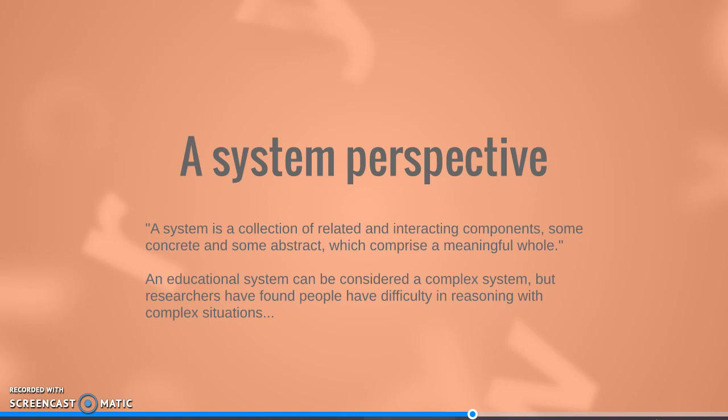If you consider an educational system as another kind of complex system, there are many interacting components, including students, teachers, administrators, support staff, faculties, information, and computer and communication infrastructures.